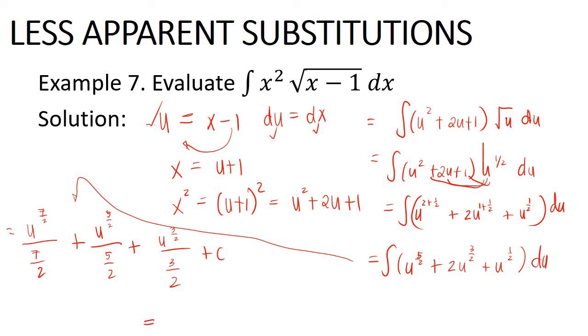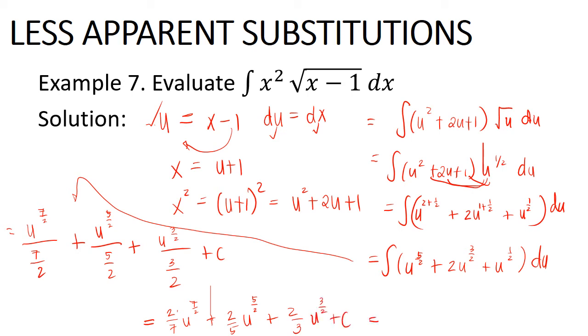And simplify natin. Siyempre, ma-reciprocate yung mga fractions sa baba. So, we have 2/7 u raised to 7/2 plus 2/5 u raised to 5/2 plus 2/3 u raised to 3/2 plus c.